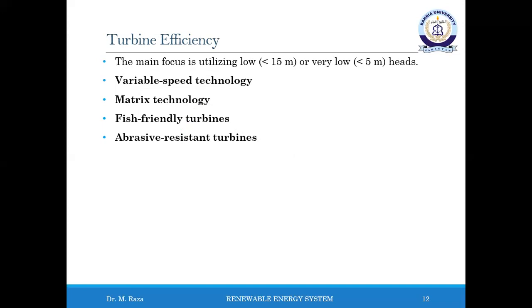A fish-friendly turbine is an emerging technology that provides a safe approach for fish passing through hydraulic turbines, minimizing the risk of injury or death. Rivers often transport large amounts of sediment, especially during flood events.